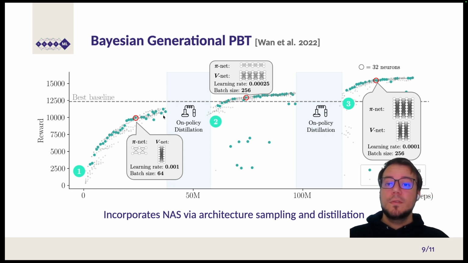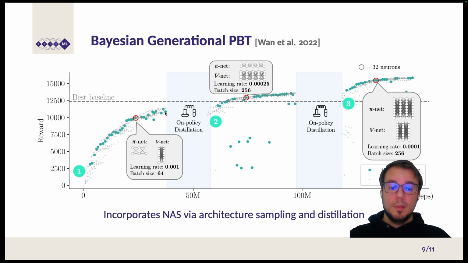Now, at the end of this first phase, you have a set of hyperparameters and architectures and weights that worked well in this generation. But you also want to explore the architecture space more, because here you start out with a bunch of different architectures, and here you have reduced it to just a handful of architectures, or potentially even just one architecture.